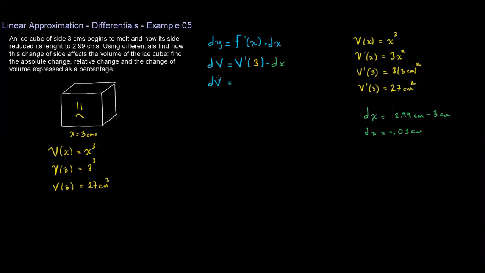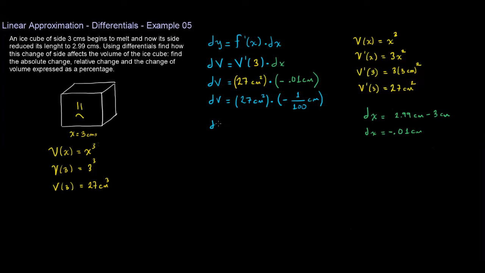Now let's keep working this through. V prime of 3, we know, is equal to 27 centimeters squared, times the differential of x, which is negative 0.01 centimeters. The differential of volume will be equal to 27 centimeters squared times negative 0.01, which is the same as 1 over 100.